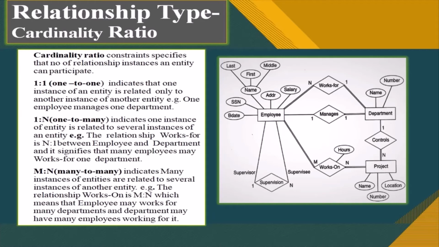Many to many indicates many instances of an entity are related to several instances of another entity. For example, in the figure, the relationship works on is many to many, which means that an employee may work on many projects and a project may have many employees working on it.